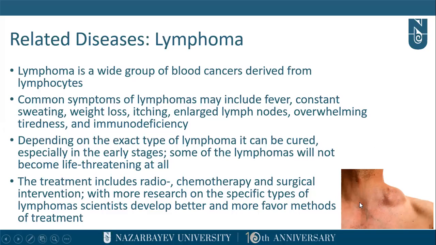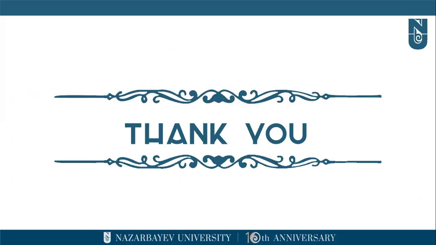So once there is some irregulation and abnormal proliferation going on, there is a visible effect on the skin that needs to be carefully looked at by the doctors. Actually, they can be cured, and normally they are not that life-threatening. The patient can go through chemotherapy or even surgical intervention, depending on the stage of the lymphoma.